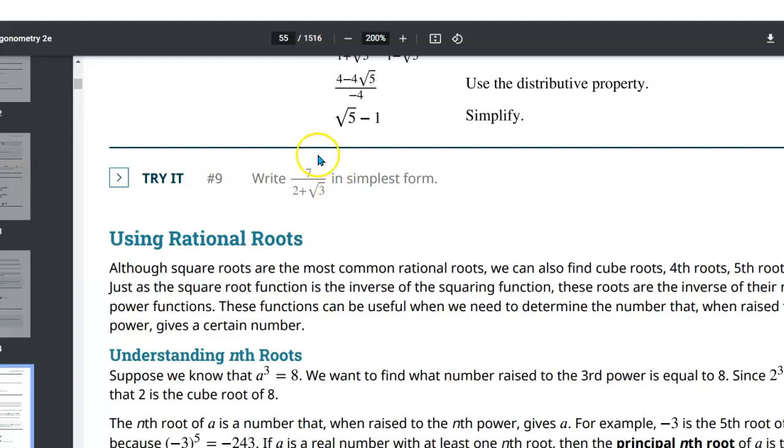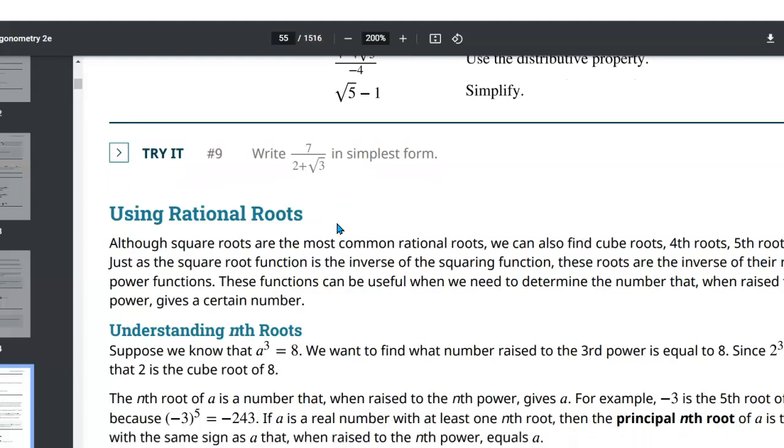You'll end up with 7 parentheses up top, and put 2 minus rad 3 inside the set of parentheses. Close off the parentheses. And down here, what will you have? You'll have 1. But you can ignore the denominator, it's 1. So your final answer would just be 7 parentheses 2 minus rad 3.